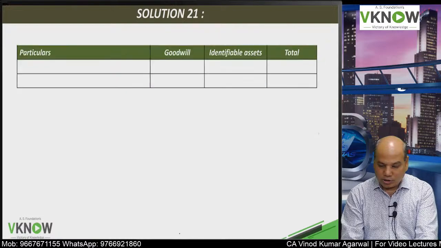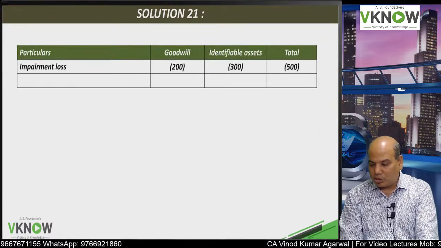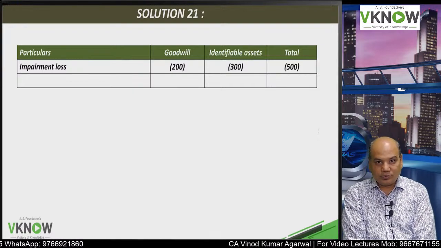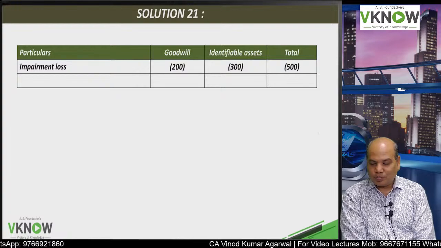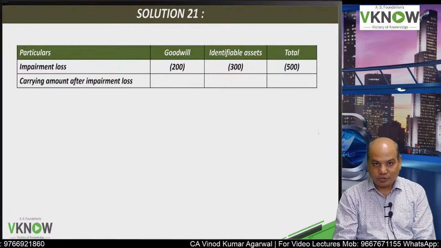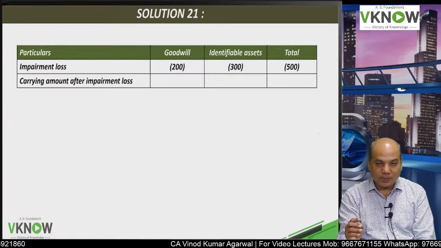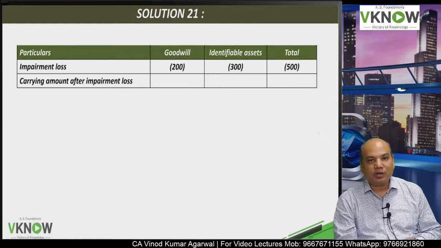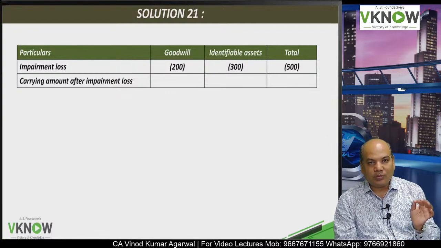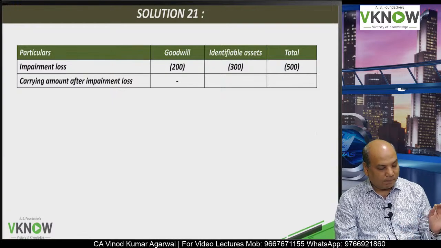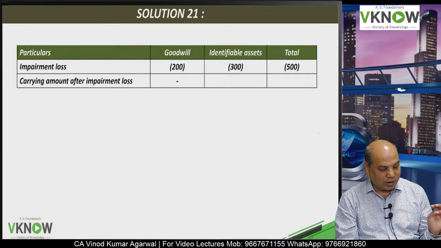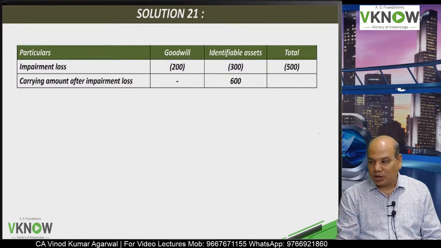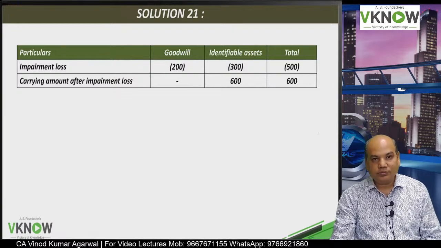So impairment loss will be allocated like this: first to goodwill 200, then to asset 300, total impairment 500. Last point, what will be the carrying amount after providing impairment loss? Goodwill is 200 minus 200, 0. Plant will be 900 minus 300, so plant 600, total 600. Is it right?